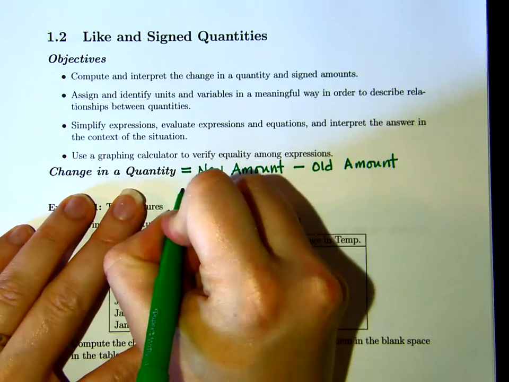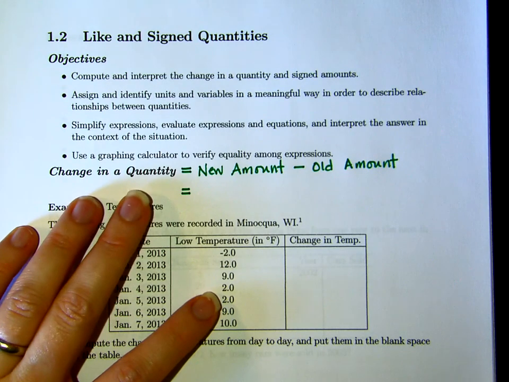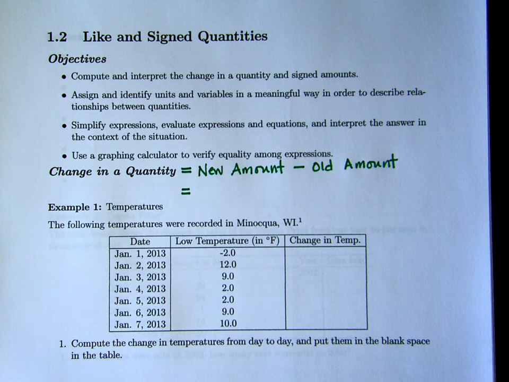It is true that is very specific to a time-based context. So a lot of times when we're asking about the change in the quantity, we are really saying, what was it and what are we comparing it to now?